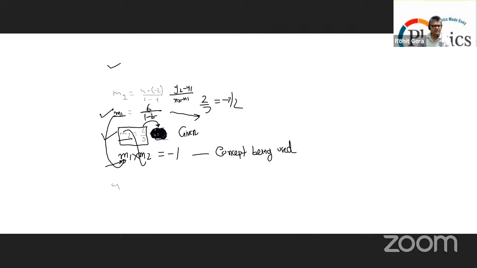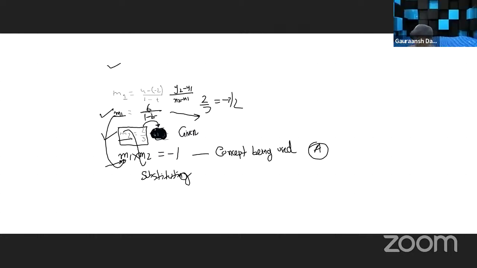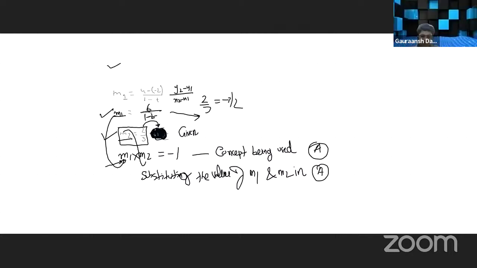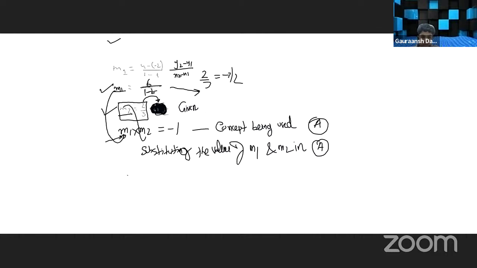So now, substituting the values of m1 and m2 in the concept, or let's say in equation number A. Substituting the values of m1 and m2 in A. So now 6 by t minus 1 minus t into 2 by 3 equals -1.